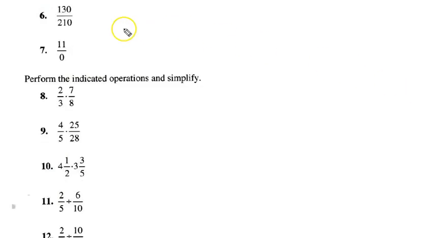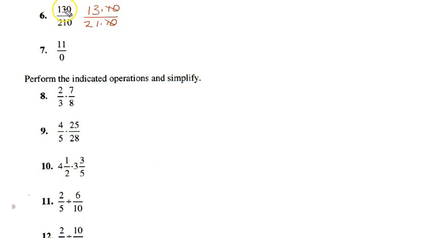Now, as we continue, we want to look for strategies. Here we see 130, 210. I guess this is 13 times 10. And this is 21 times 10. And you can take that 10 out of 10 as a 1.